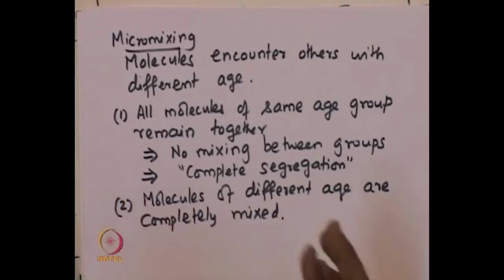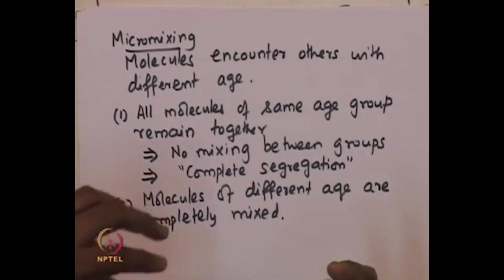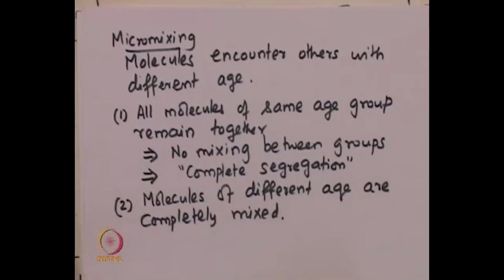So, consider a reactor in which the fluid is already present, and then a new set of fluid particles is added into the reactor. Now the reactor has fluid particles of different age, and the particles pumped in afresh are encountered by the fluid particles already present in the reactor, so these two mix with each other and get completely mixed.